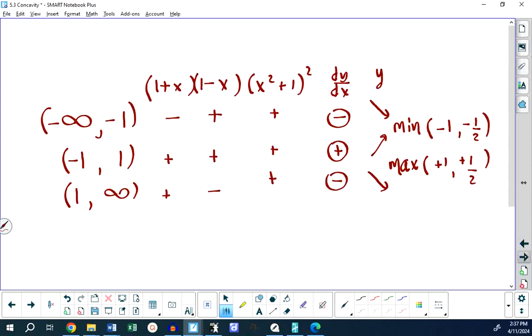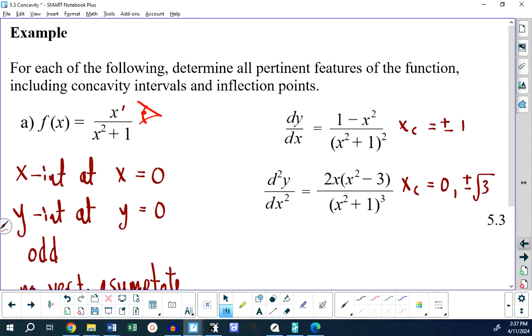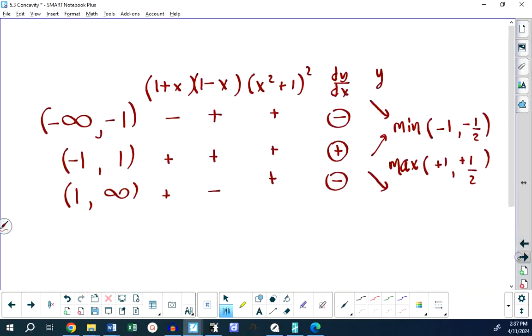Now what we need to do is find inflection points and talk about the concavity. Once again, I'm just going to freeze my derivatives on the other screen here while I build my table.